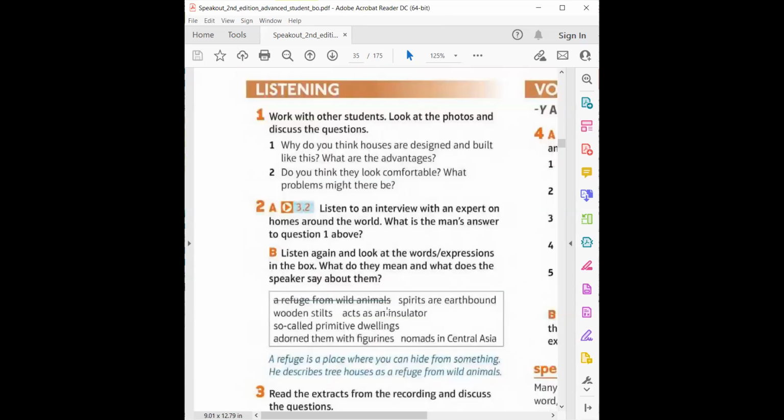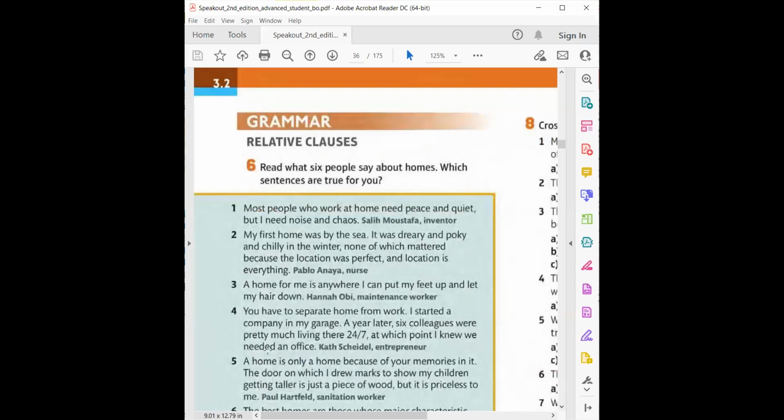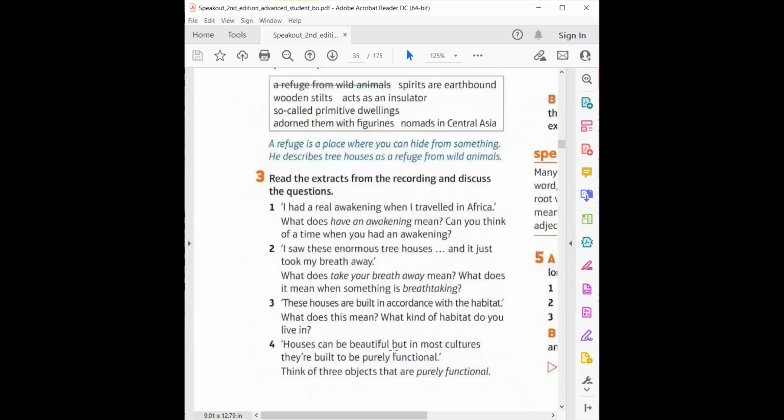Okay, now let's have a look at the last one. Houses can be beautiful, but in most cultures they're built to be purely functional. Think of 3 objects that are purely functional. What's the meaning of purely functional?